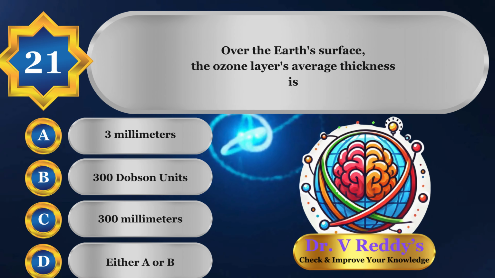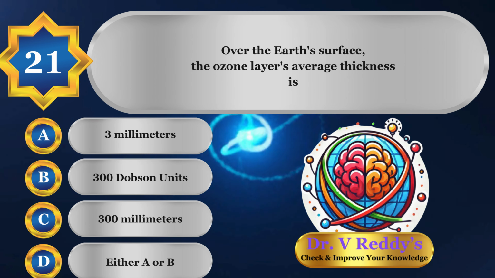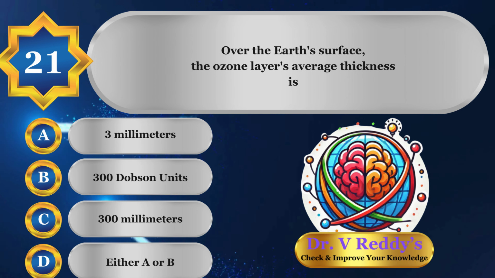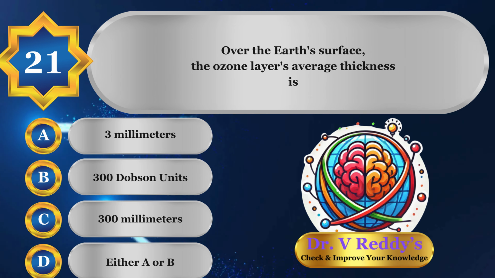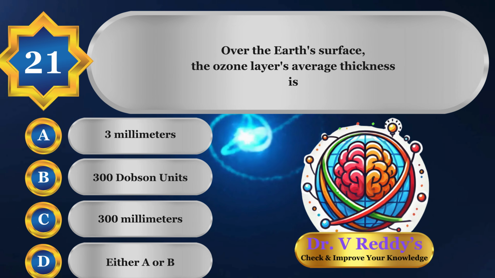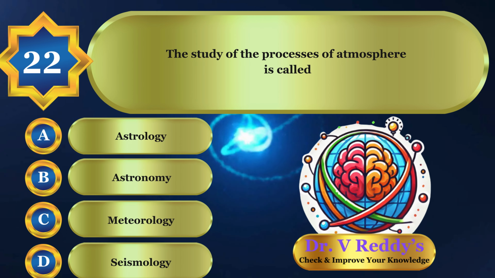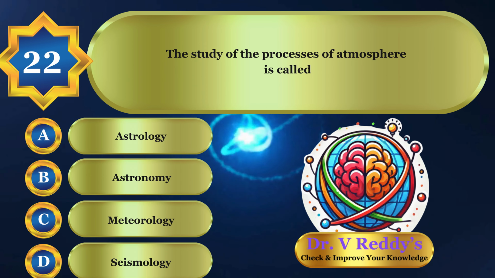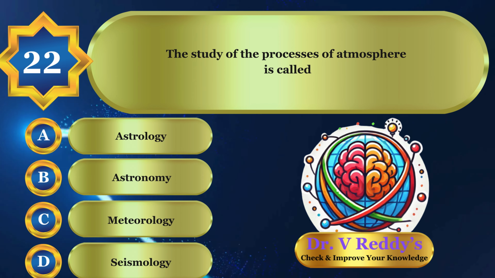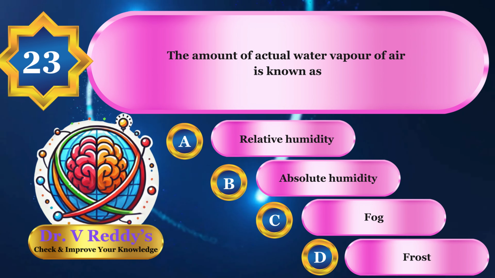21. Over the Earth's surface, the ozone layer's average thickness is A. 3 millimeters, B. 300 Dobson units, C. 300 millimeters, D. Either A or B. 22. The study of the processes of atmosphere is called A. Astrology, B. Astronomy, C. Meteorology, D. Seismology. 23.